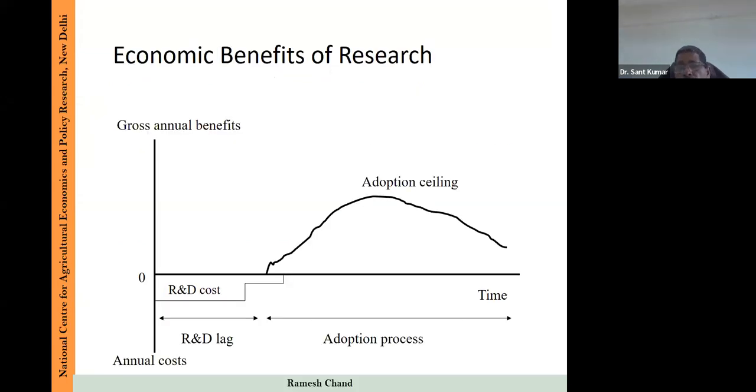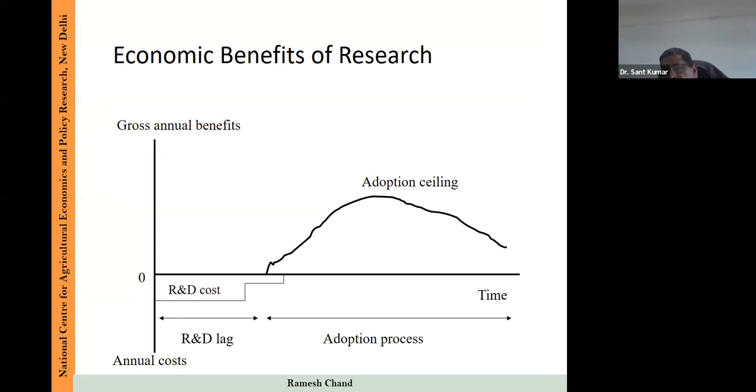Briefly, the economic benefits of a research. So we undertake a research. So there will be the expenditure. After that, there will be a research lag. After that, the technology is developed. Then it is adopted. It reaches a ceiling. After that, it declines.